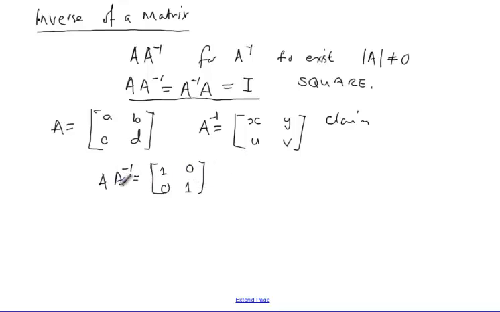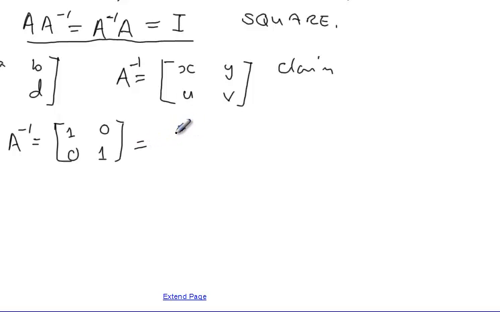If I multiply this way, it means I'm taking A, B, C, D, and I'm multiplying by the other matrix. Can you allow me to change something here?